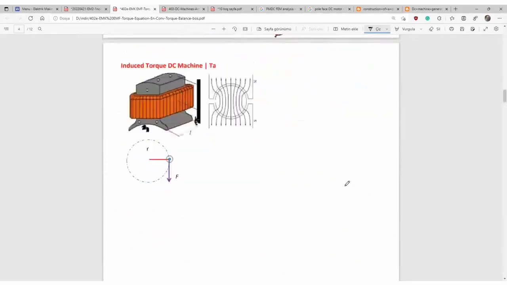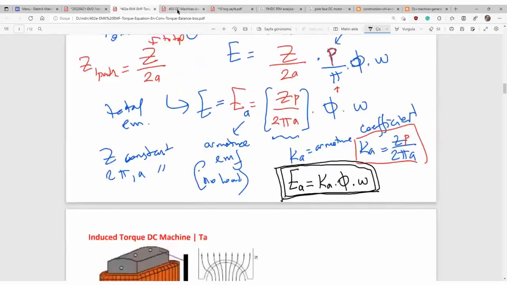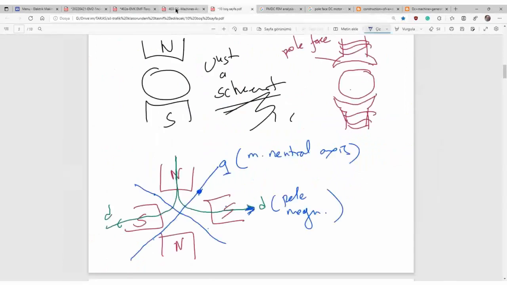Let's continue with the torque equation. Let me make an additional explanation.